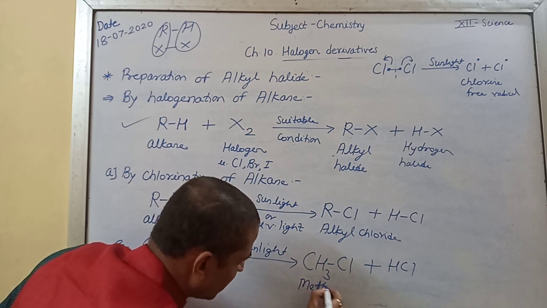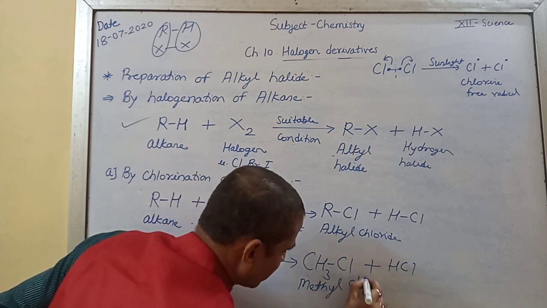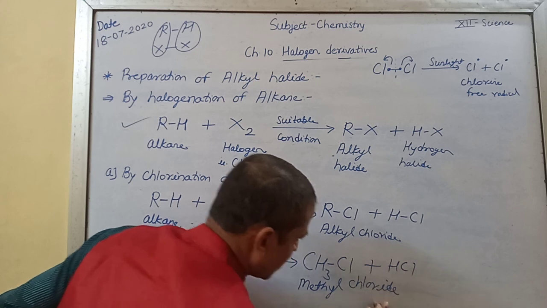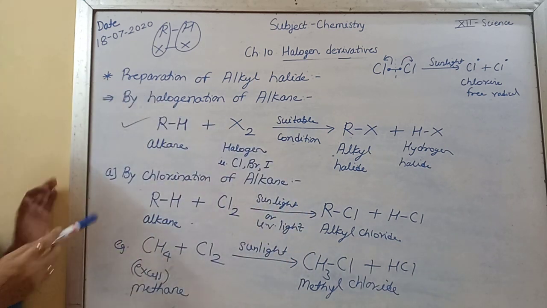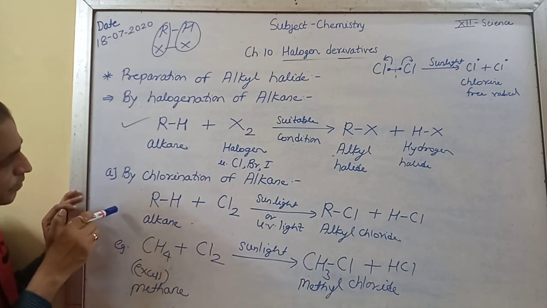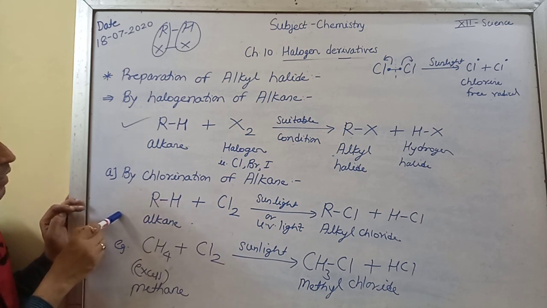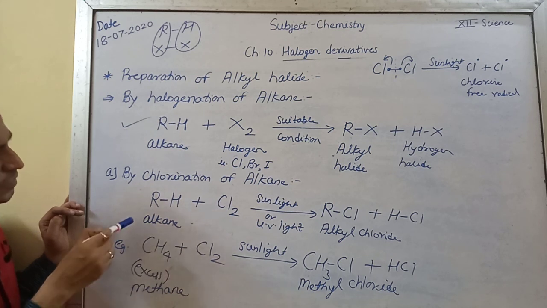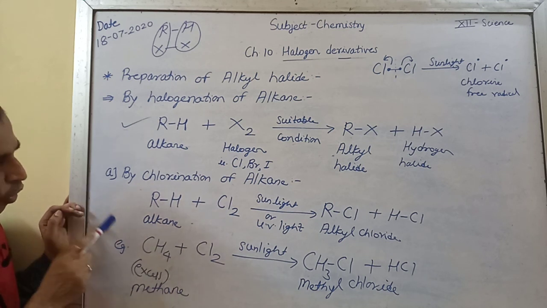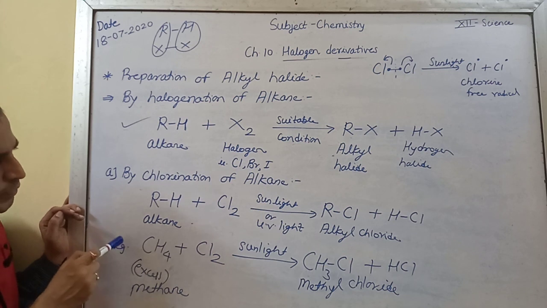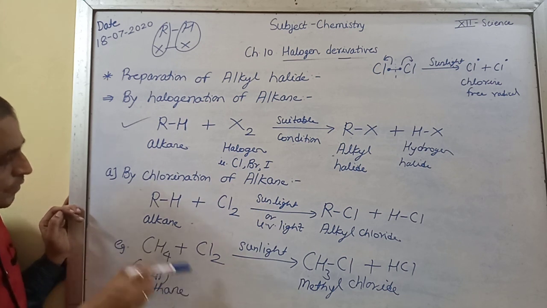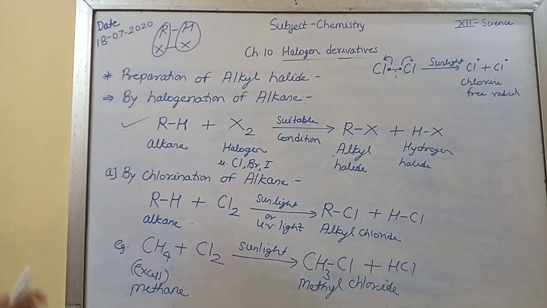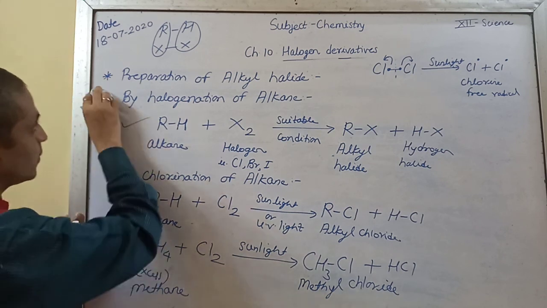CH3Cl is methyl chloride. See, this method for the preparation of alkyl halide is not suitable because in this method a mixture of halogen derivatives is formed. So it is about chlorination. If you take ethane, you get ethyl chloride.